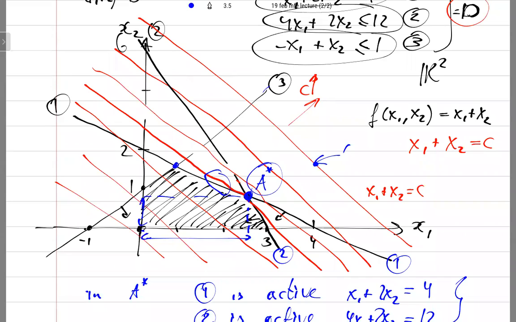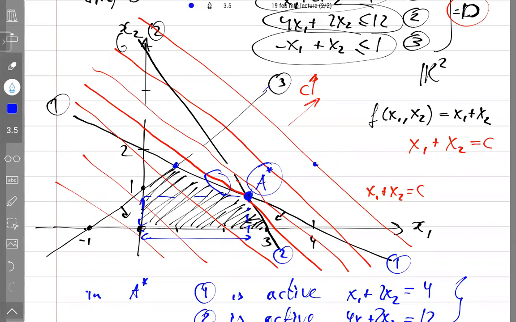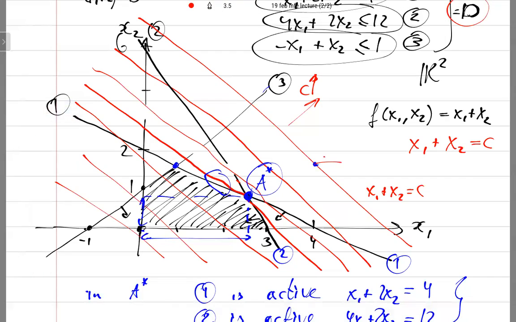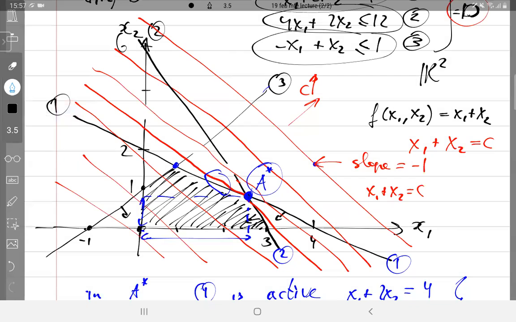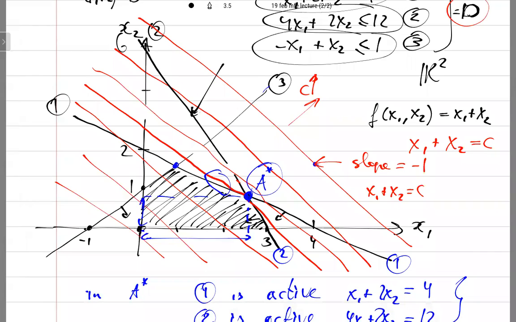The slope of the red line, or maybe I should write it in red, the slope of this line is equal to -1. And the slope of that line is -2, okay? Do you agree? Okay, so if we provide the solution in the exam, it's okay. That's perfect.